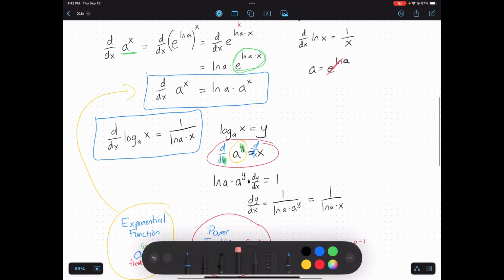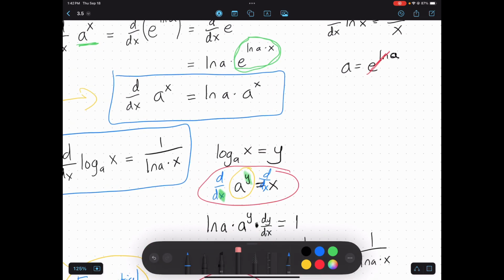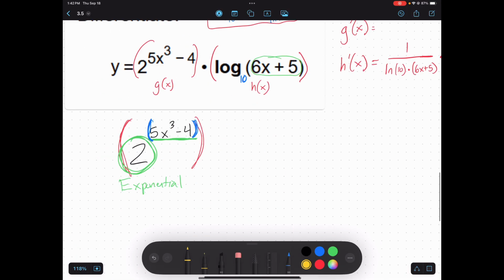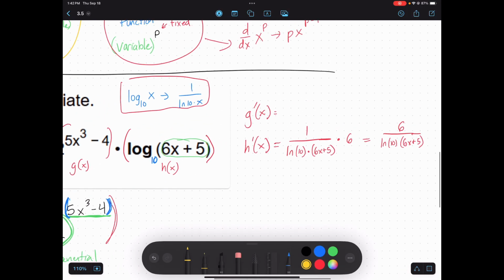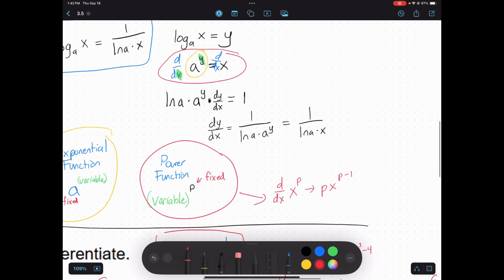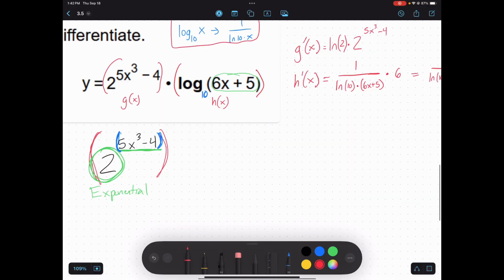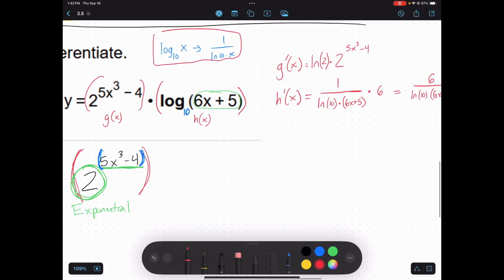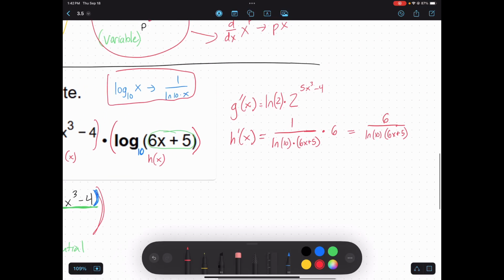My exponential derivative formula tells me I just keep the function the same, but multiply it by the natural log of a. This is completely dependent on the base, and the base is just 2, so this is just the natural log of 2. You multiply it by the natural log of whatever the base is. Doesn't matter what's in the exponent, it's whatever the base is.